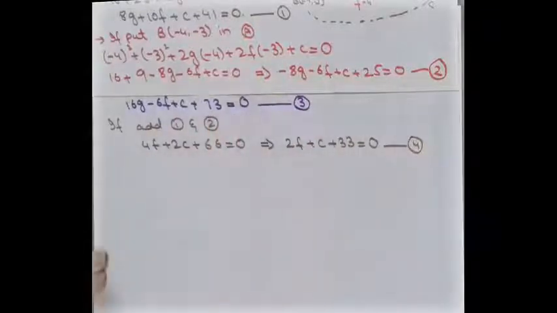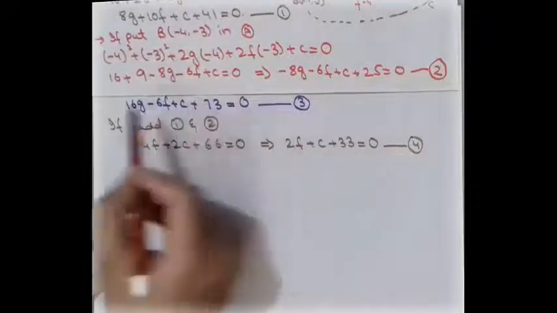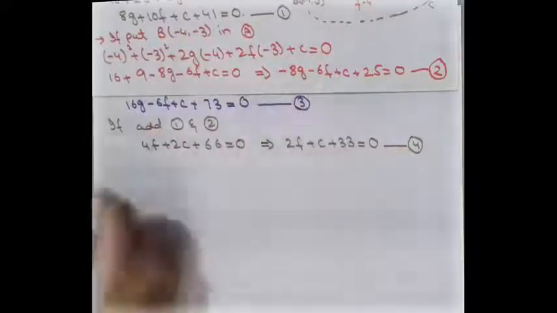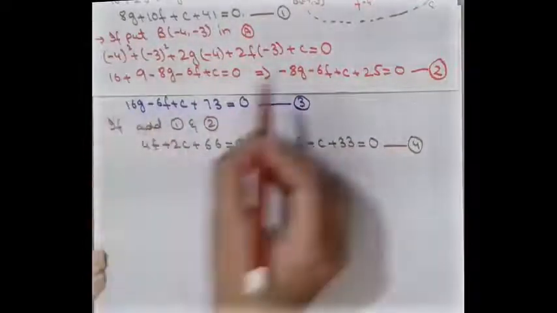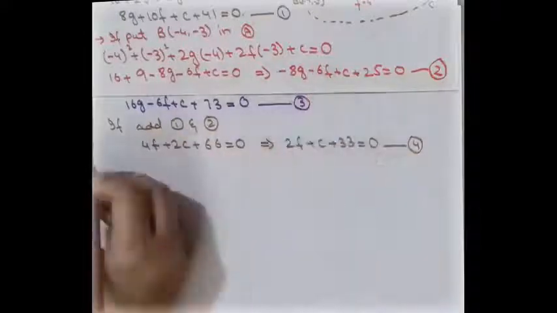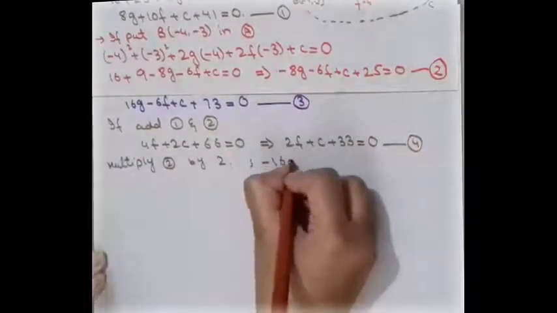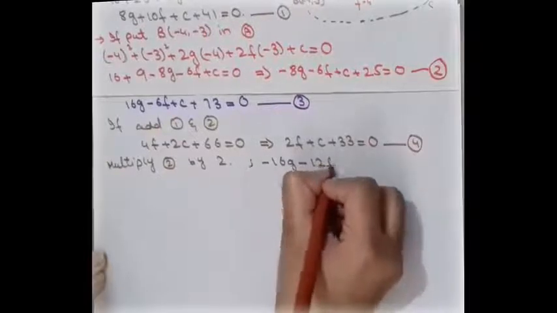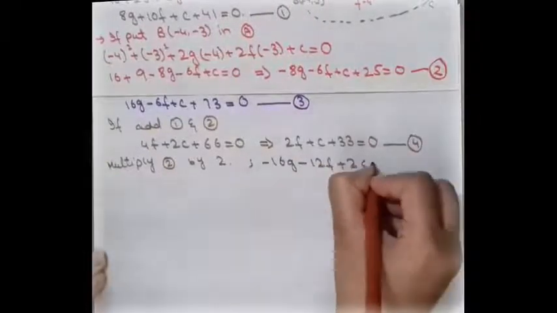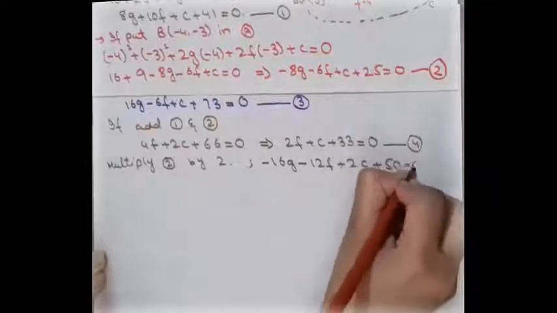Now we use the second and third equation and eliminate the g, then we can solve further. As there is a 16g and it will be an 8g, we multiply the second equation by 2. Minus 16g minus 12f plus 2c plus 50, which is equals to 0.